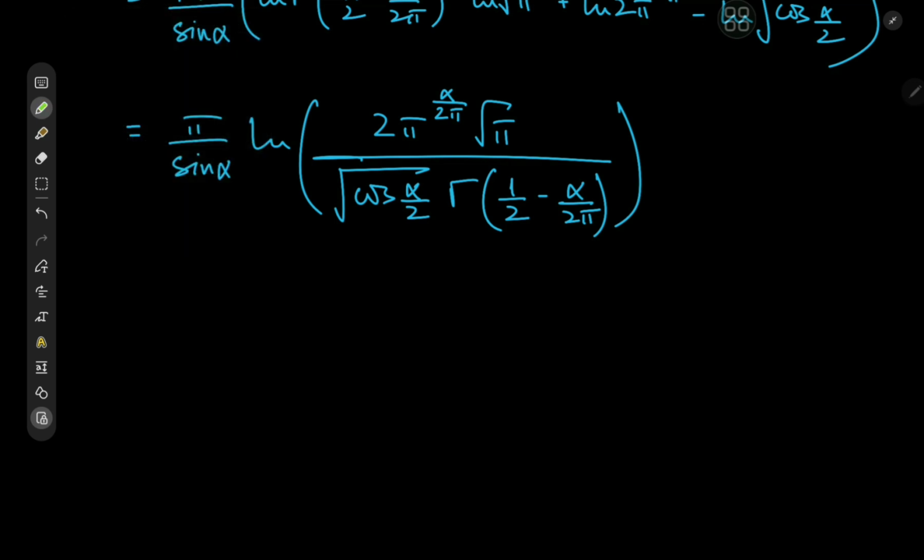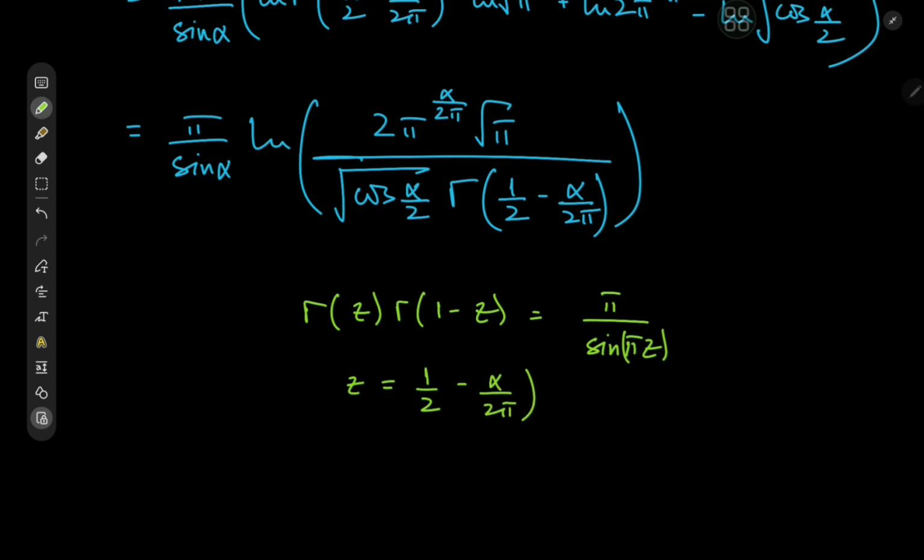Recall that if we have gamma z times gamma 1 minus z, that equals pi divided by sine of pi times z. So in our case, we would have z equal to 1/2 minus alpha by 2 pi.